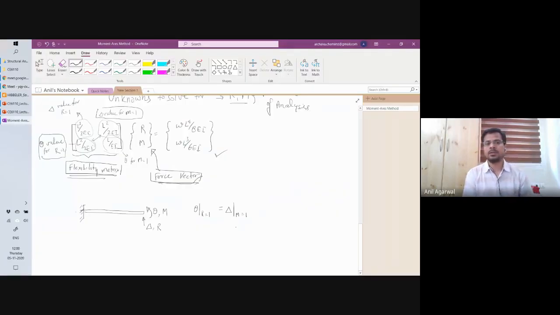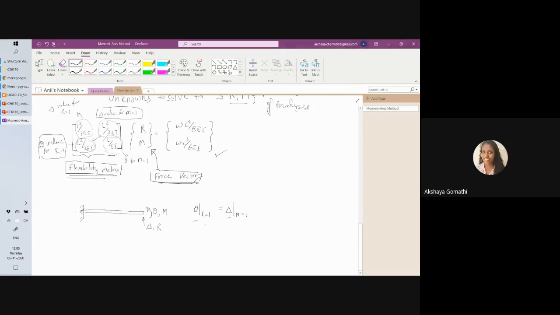I am comparing a theta value, and I am saying this because I simply made a statement that this matrix is symmetric. If the matrix is symmetric, that means this term is equal to this term. But one of these terms represents a theta value, the other term represents a delta value. Does it make sense?